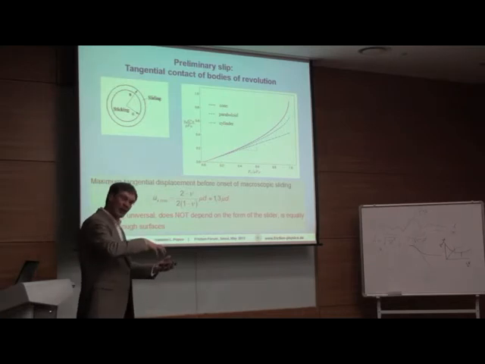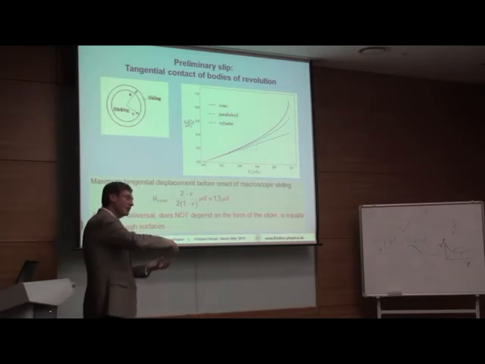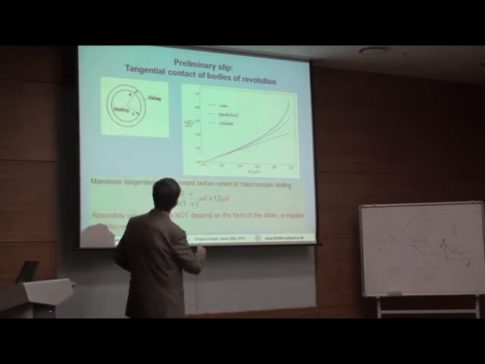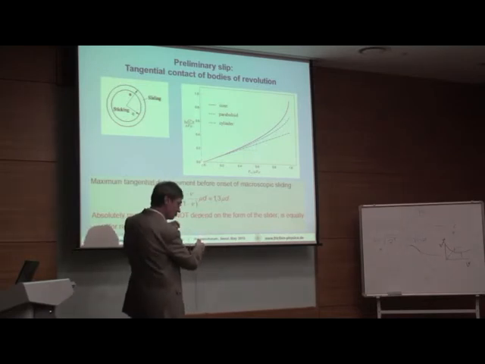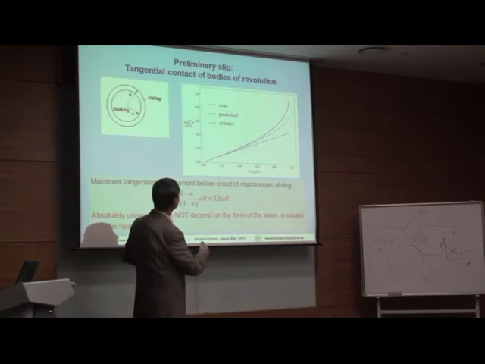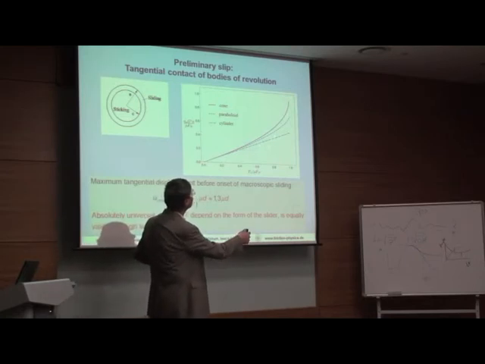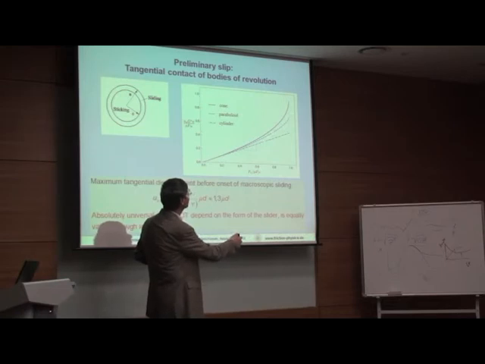And if you have some friction and not gluing, then at the border there starts sliding. This is the dependence of the displacement in the horizontal direction as a function of applied load: first elastic behavior and then some sliding. This is for a parabolic contact, this is for a conical contact.